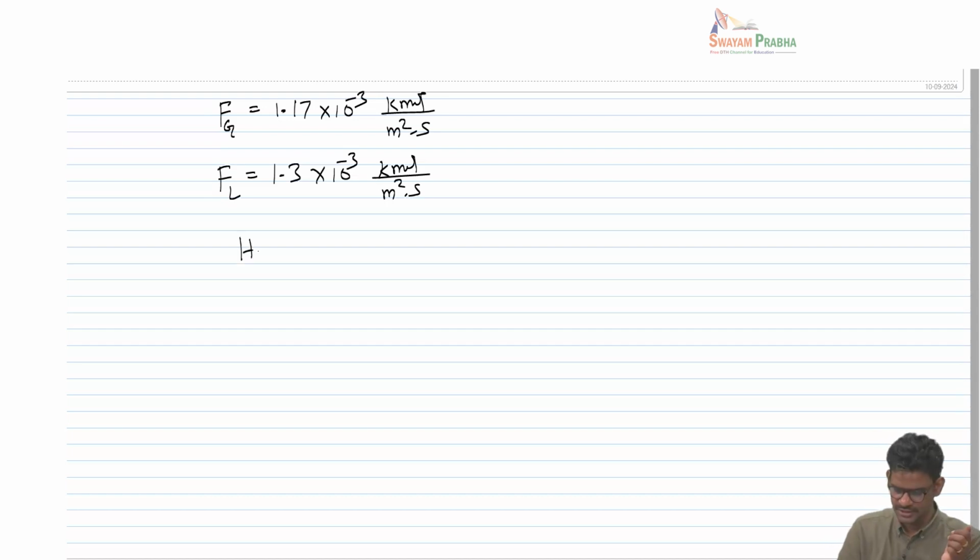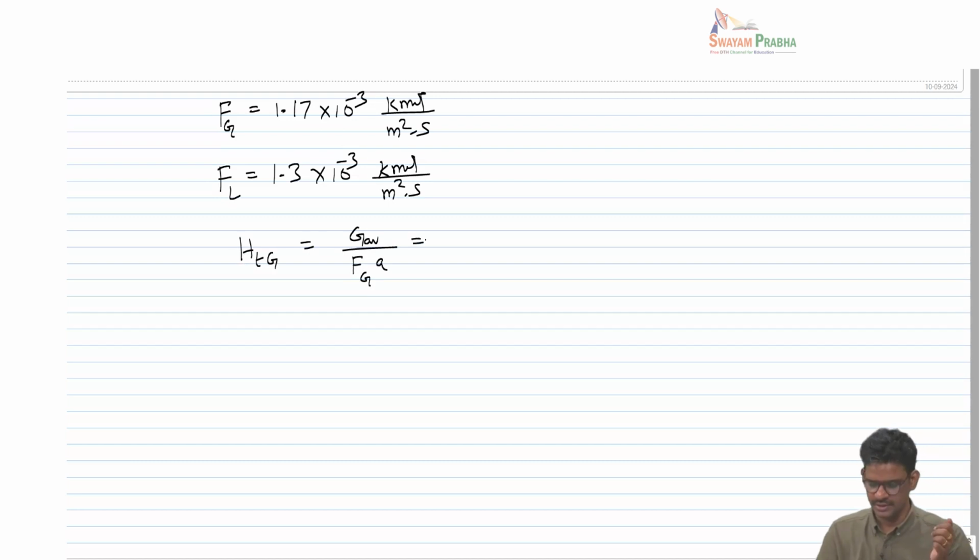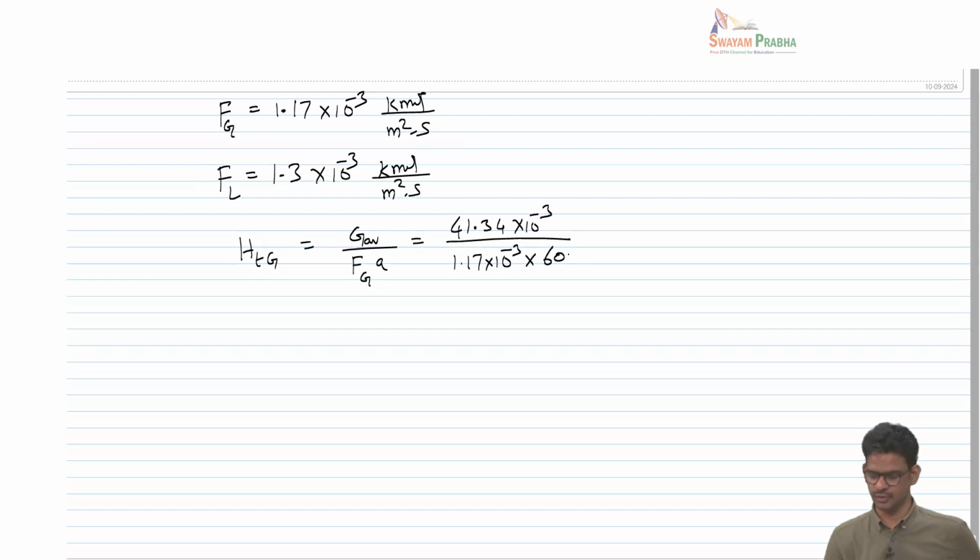So now HTG is G average by FGA. So G average is 41.34 into 10 power minus 3. FG is 1.17 into 10 power minus 3, and A is 60 meters square per meter cube. So if you substitute all these things, you'll get something like 0.59 meter.